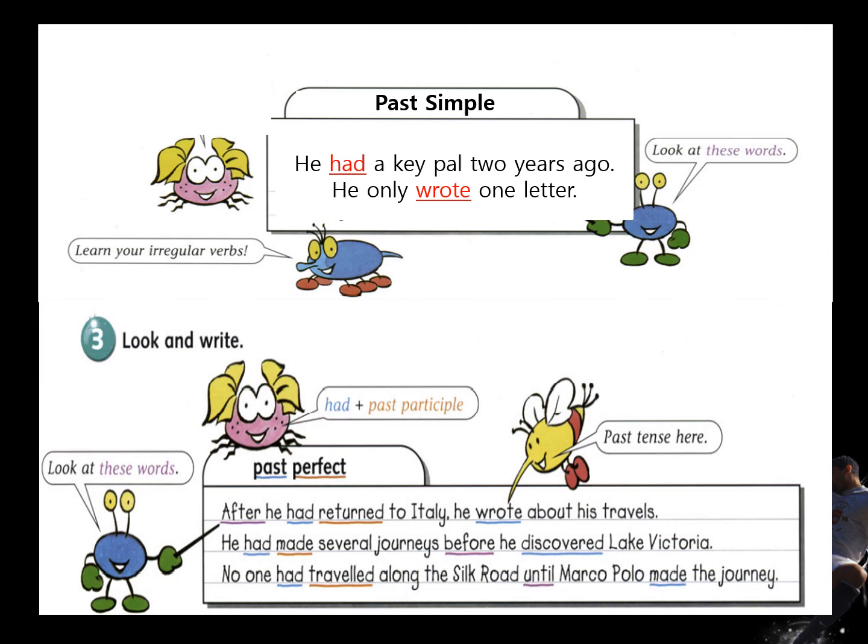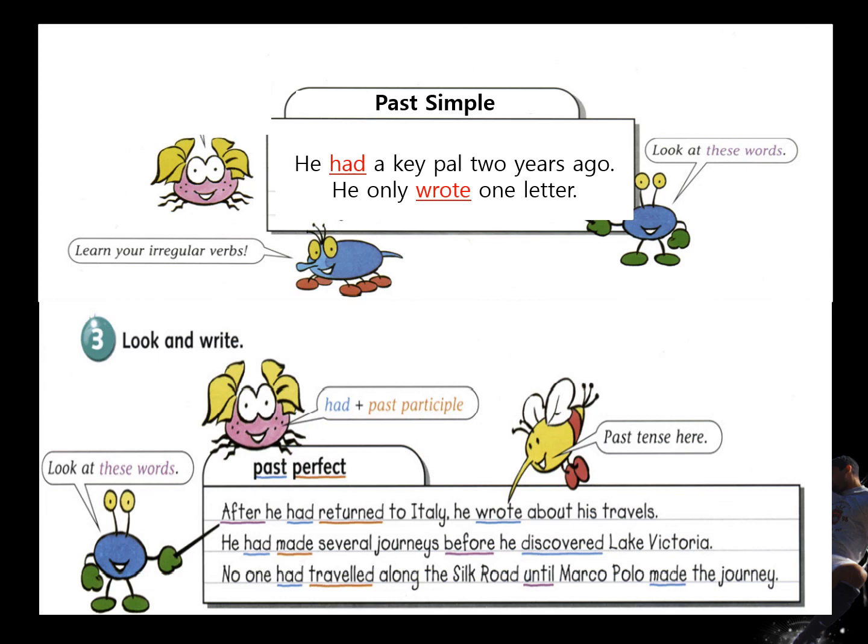Let us begin by revising the past simple. Take a look at the following sentences. He had a keypal 2 years ago. He only wrote 1 letter. Had is the past form of the verb has or have, while wrote is the past form of the verb write.